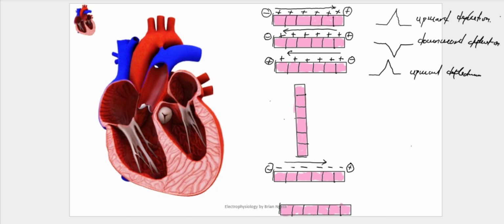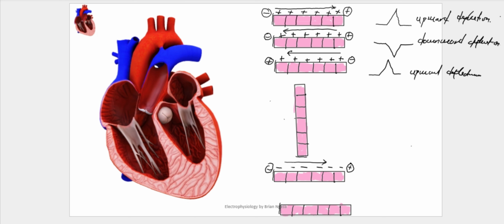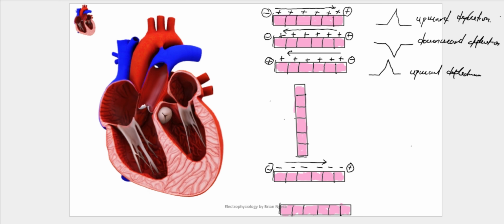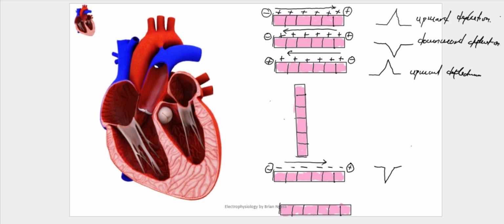So the same thing you anticipate over here. So we'll be able to see how the ECG normally behaves following just this basic principle. So what do you anticipate? An upward deflection.